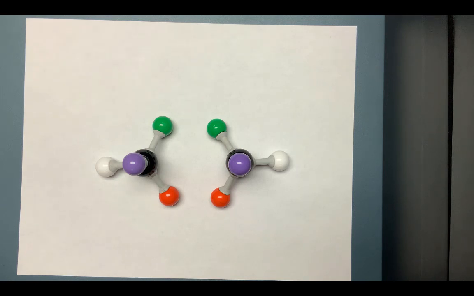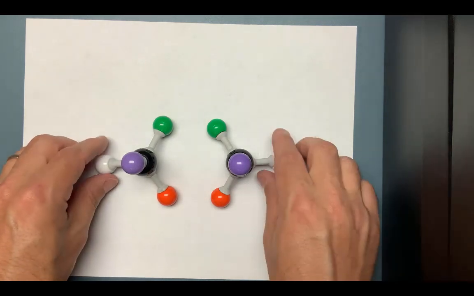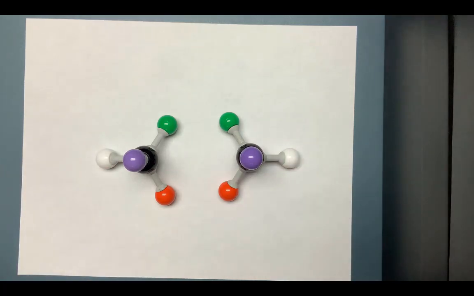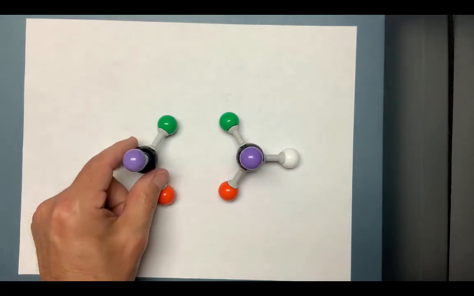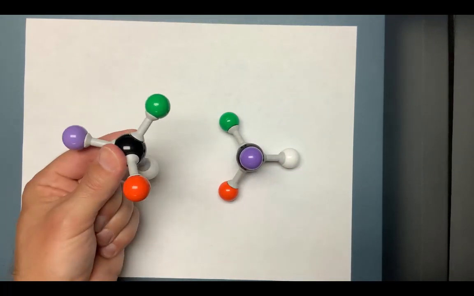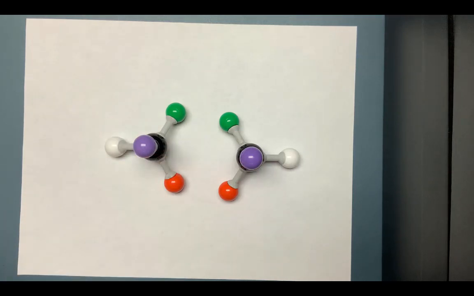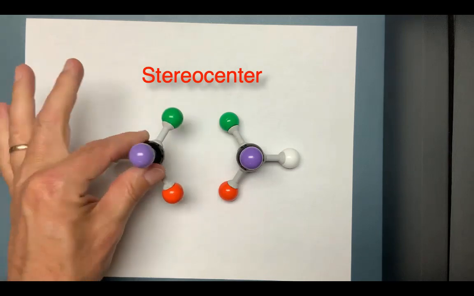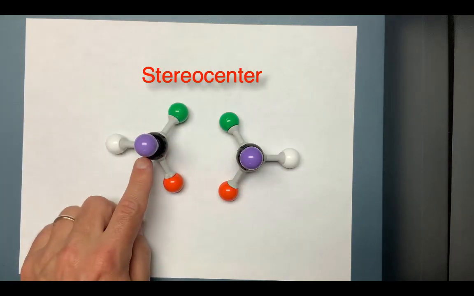Now, there are a couple of key features to keep in mind in order for a molecule to have an enantiomer. So this molecule has this molecule as its enantiomer. And what we have is a carbon with 4 different groups on it. That's called a stereocenter. When you have a tetrahedral carbon with 4 unique groups, that's referred to as a stereocenter.